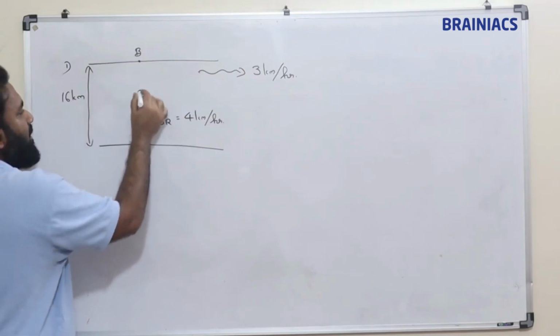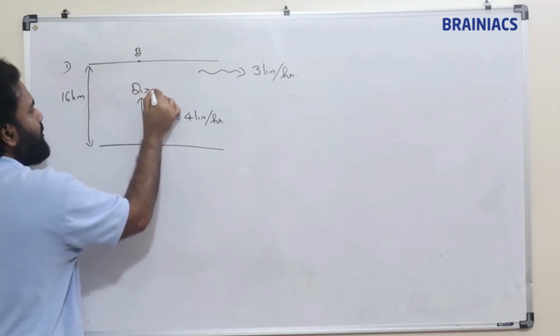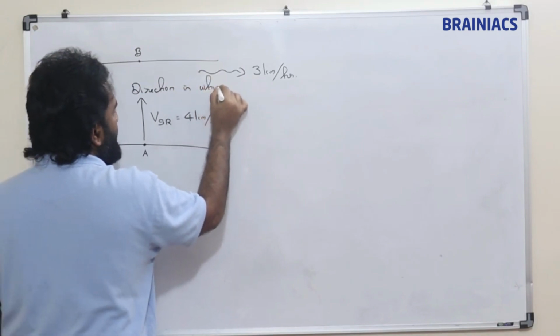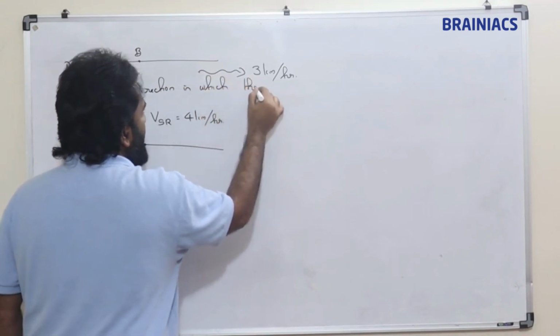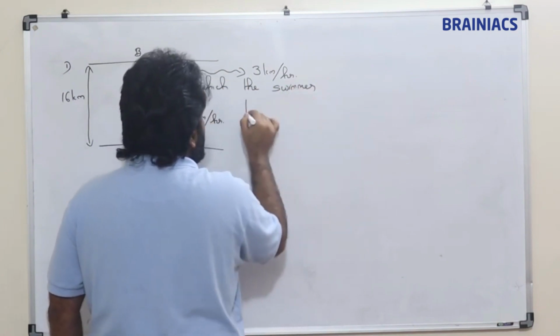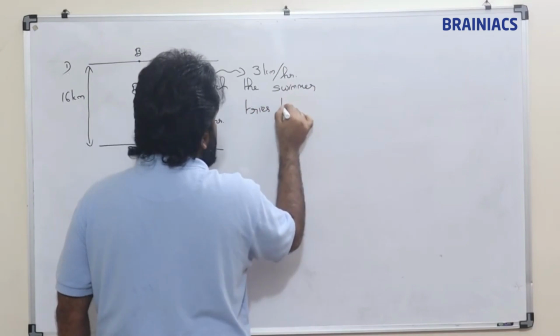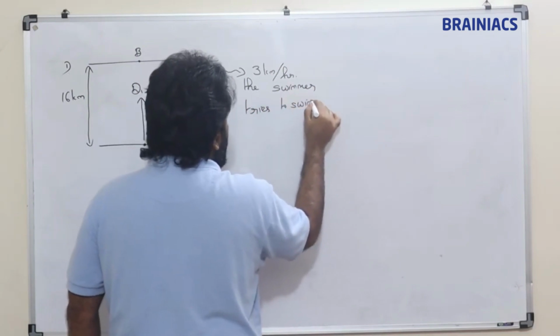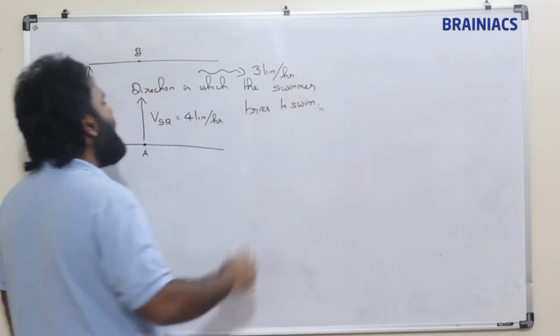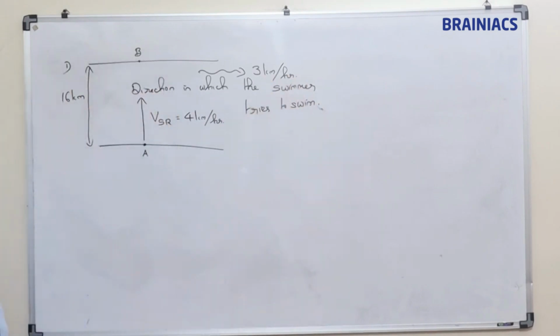From A to B. This is the direction in which the swimmer tries to swim. Clear? These are the data.